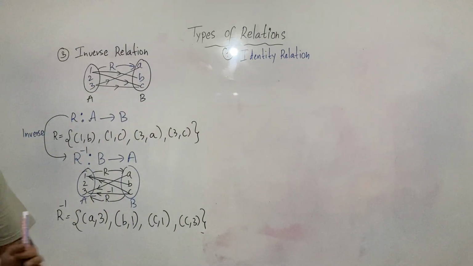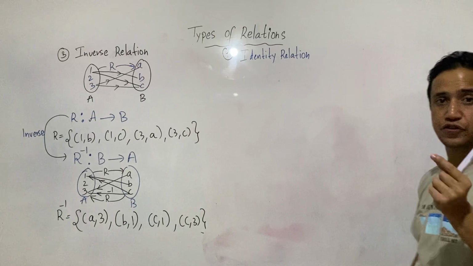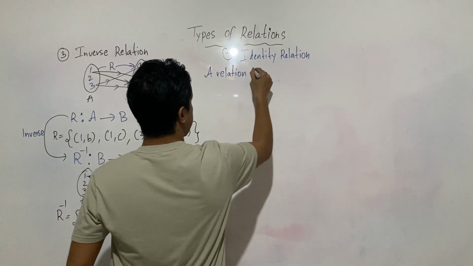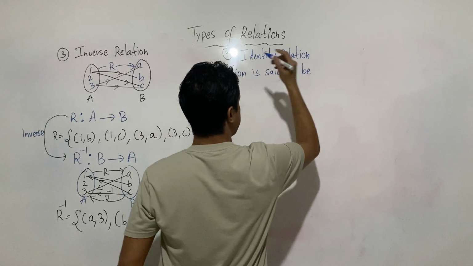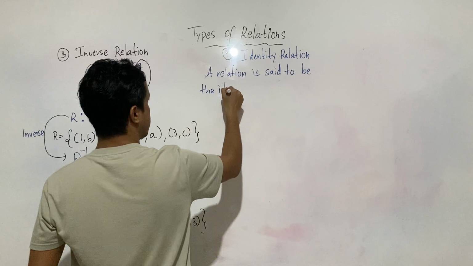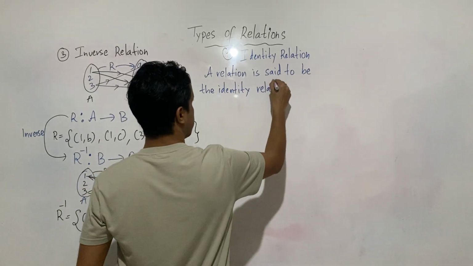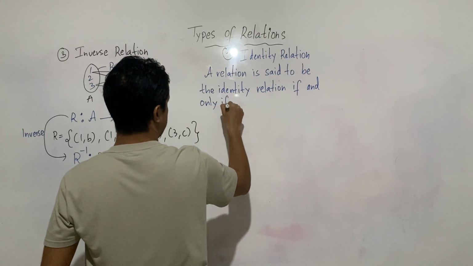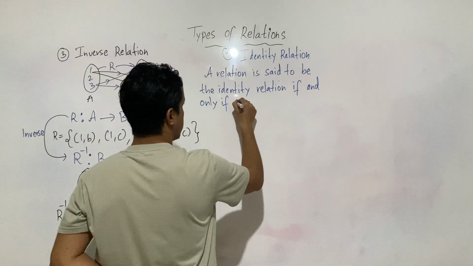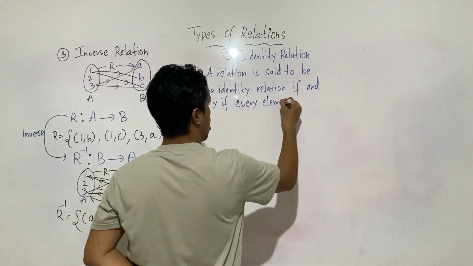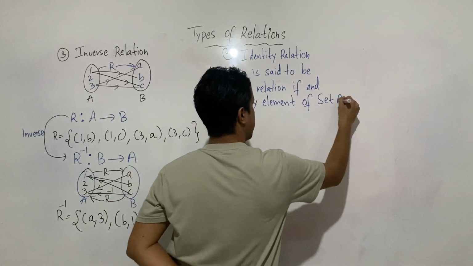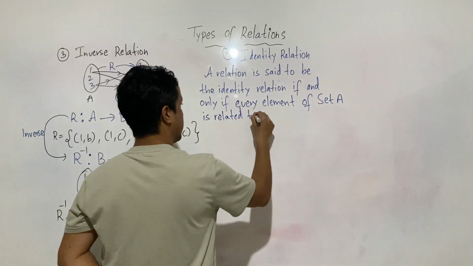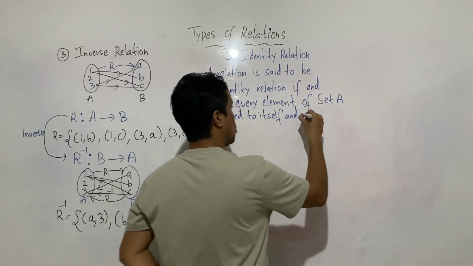Okay, now we will start with the definition of this relation, because the definition is very important, and it says that a relation is said to be the identity relation if and only if every element of set A, of course non-void set A, is related to itself and only to itself.